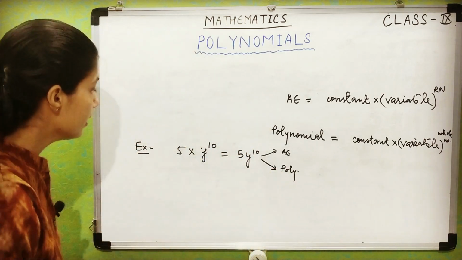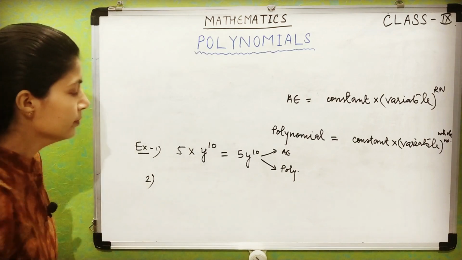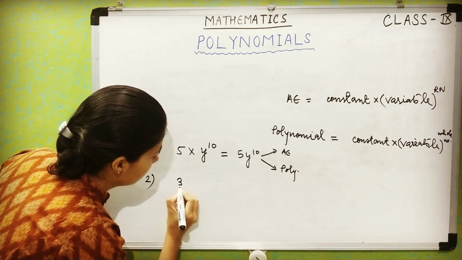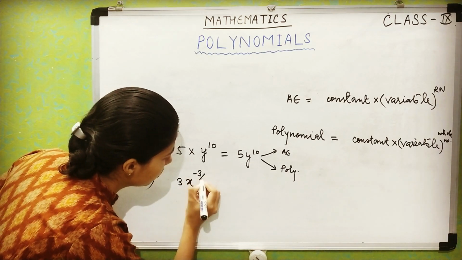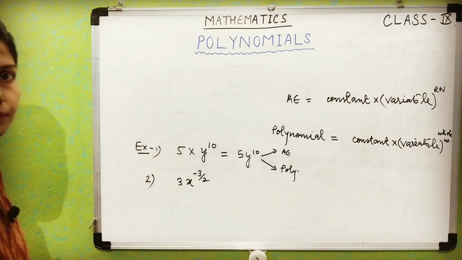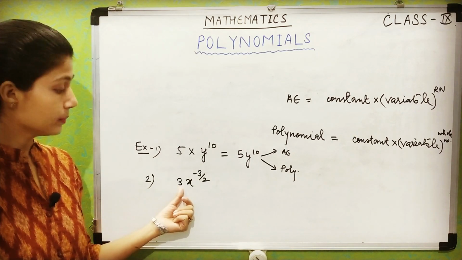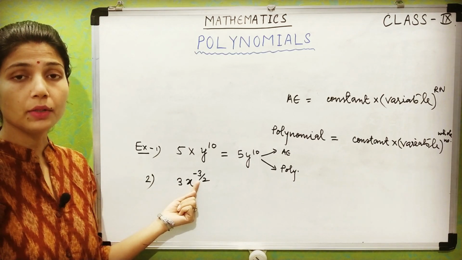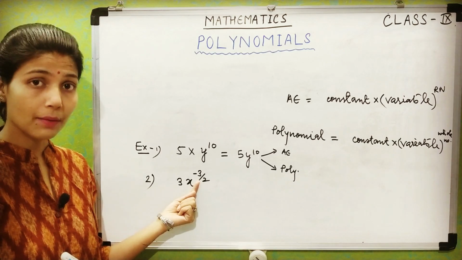Okay, now take another example. 3x raised to power minus 3/2 (the transcript reads minus 3y2). Now see this, 3 is a constant, x is a variable, but here the power is minus 3/2. That is a rational number. Okay, not a whole number.